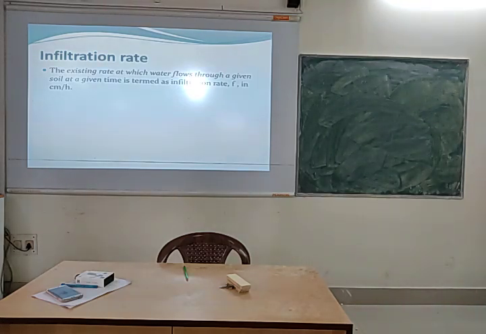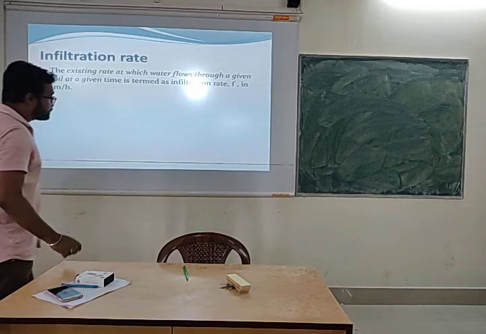The unit will be centimeter per hour, millimeter per hour, or something else. Here as well, we are considering the depth, not the total volume, because if your area is known, you can find out the total volume of water. So we are again considering the depth of the water soaked by the soil.